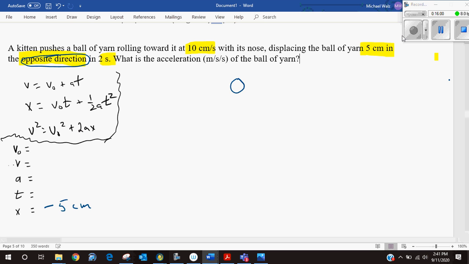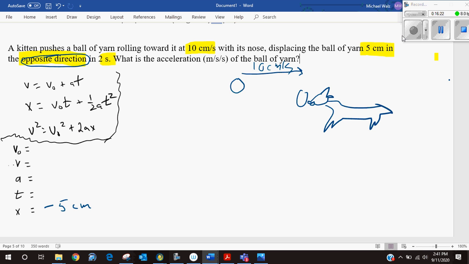It's kind of a weird question, but yeah, the ball is rolling at 10 centimeters per second, and then the kitten gets it with its nose. There's one of those great drawings. You can totally tell it's a kitten, everybody, right? So it's pushing the ball.